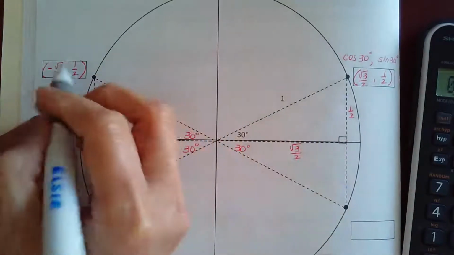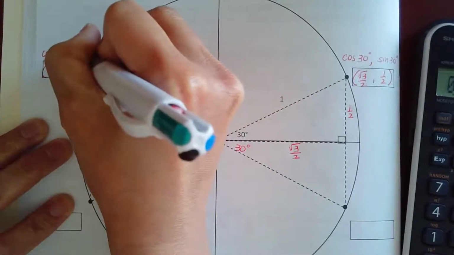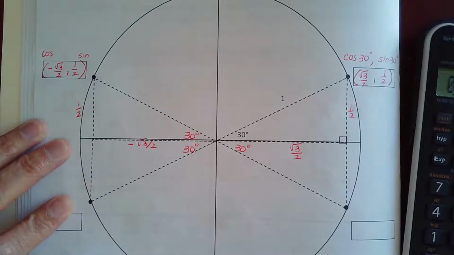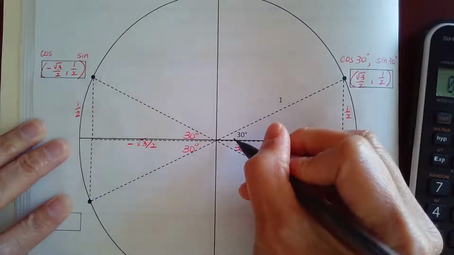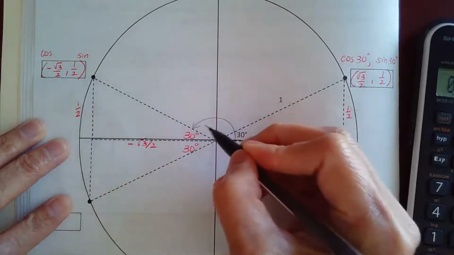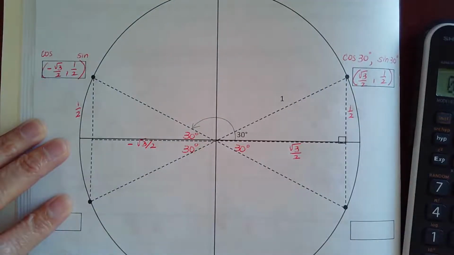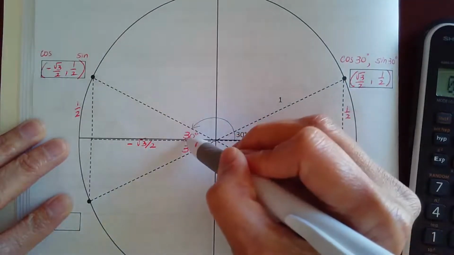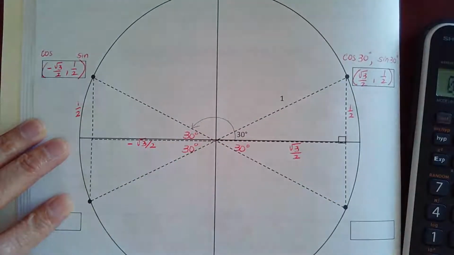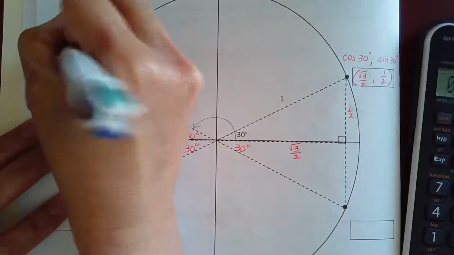And well, what does that mean? This one is going to be cos of an angle, and this is going to be a sine of an angle. Well, what angle is that? From here to there, that's going to give us 150 degrees. Because if I go all the way on there, it's 180, but take away the 30, so that's 150 degrees.